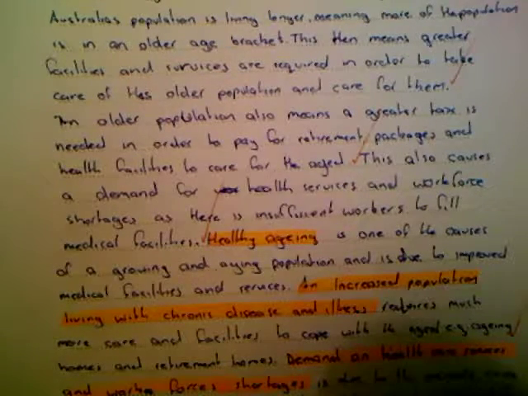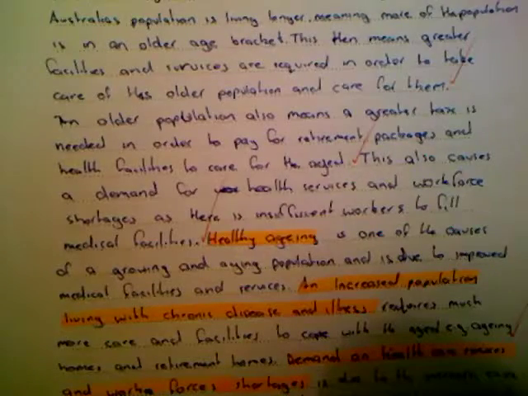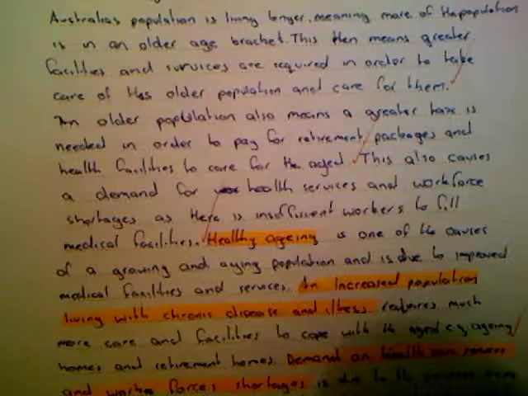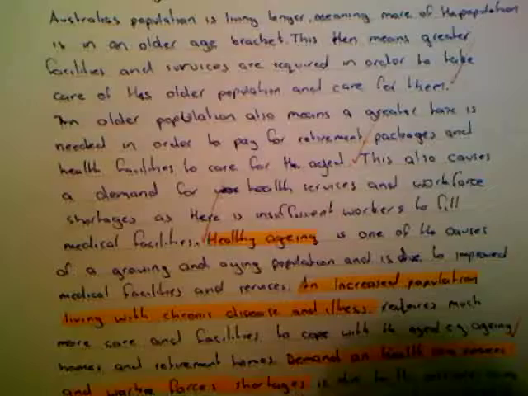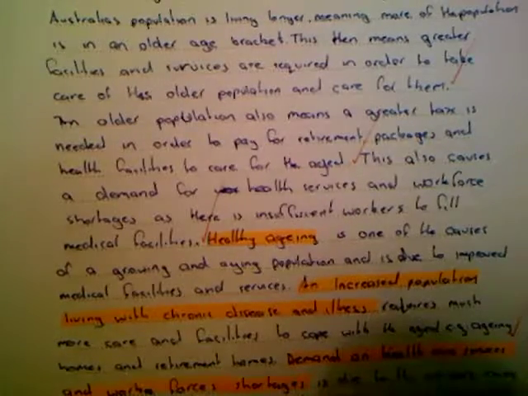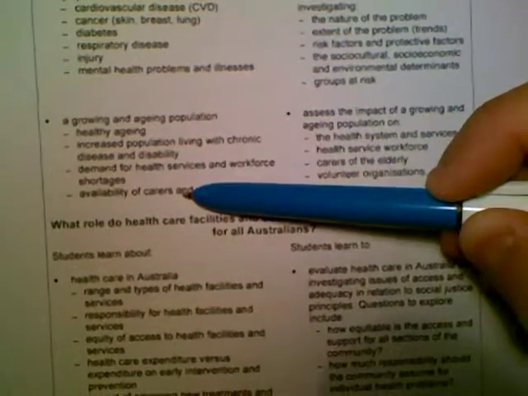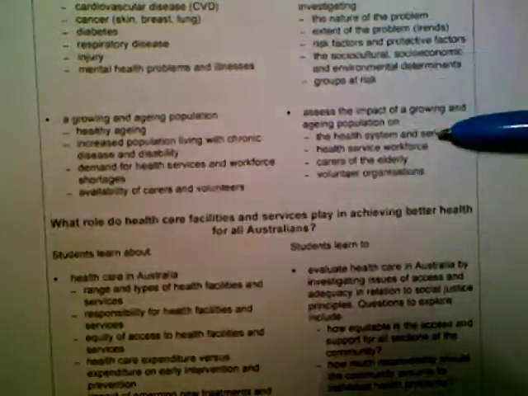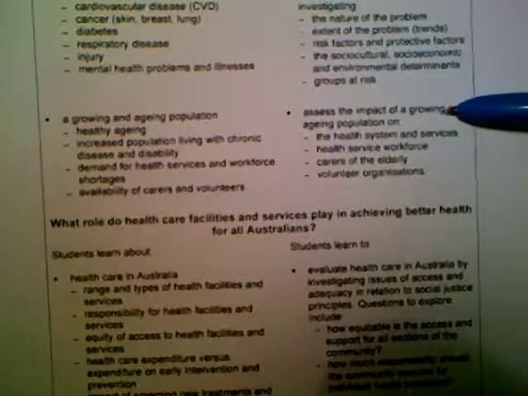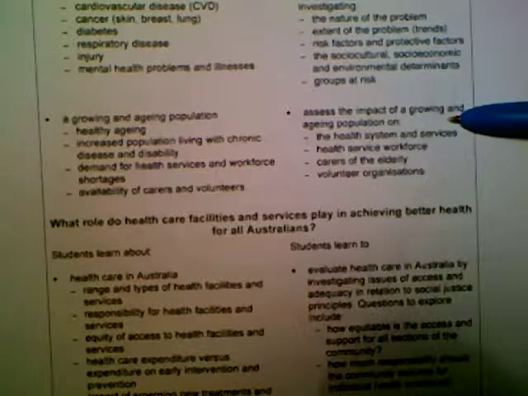But as I've already mentioned, the biggest issue for this question, which all students struggled with, was that they needed to assess. They needed to make a judgment about the impact of a growing and ageing population, and students weren't able to do that. What students were able to do was give the 4 areas of the syllabus and show how they impact on the health system and services due to a growing and ageing population, but were unable to actually assess. That's what the question asked them to do, and that's what students need to do to get a 6 out of 6.